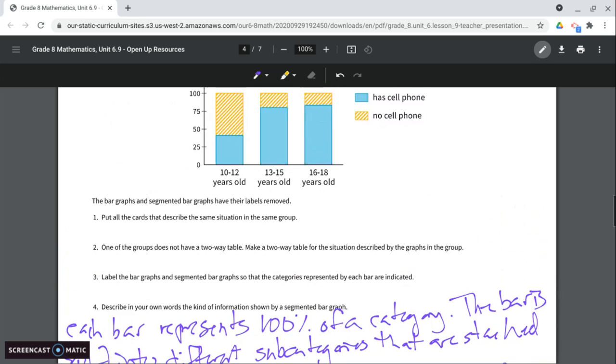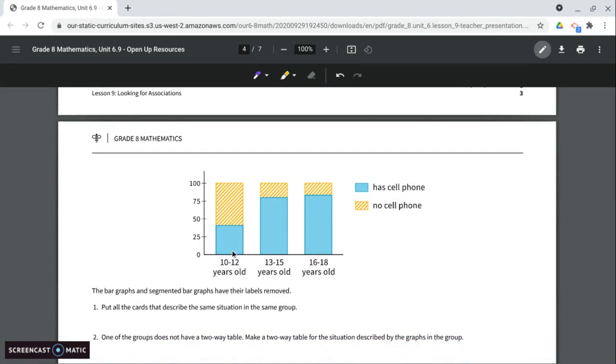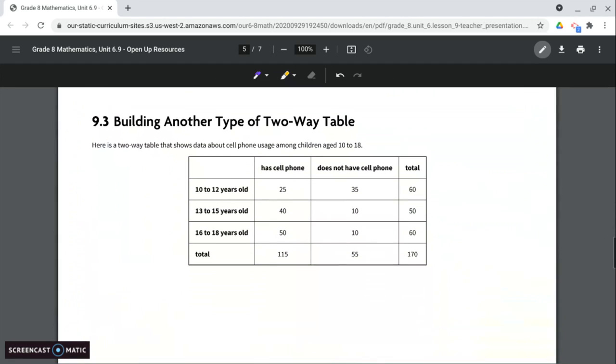It really helps you see how more students have a cell phone when they're between 13 and 18 years old than don't have one, but between 10 and 12-year-olds, more students don't have a cell phone, because we can see that full 100% and compare, and see that difference a little easier.